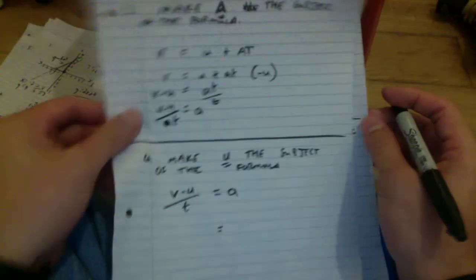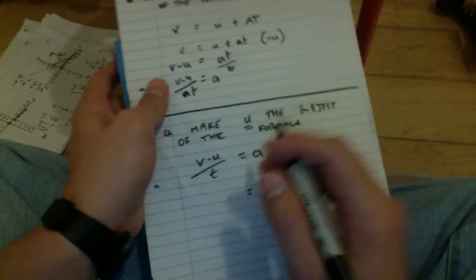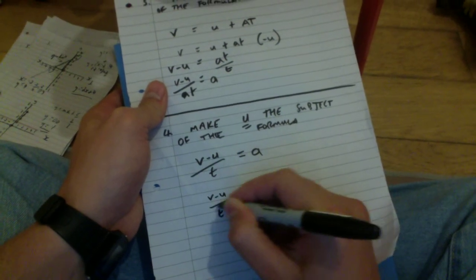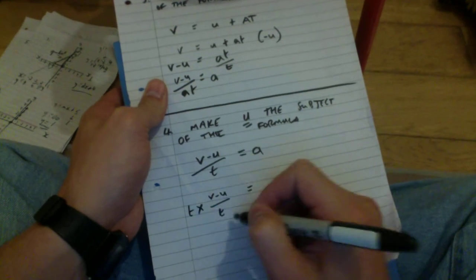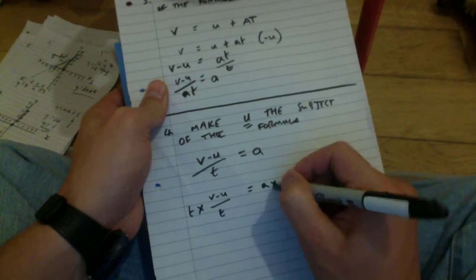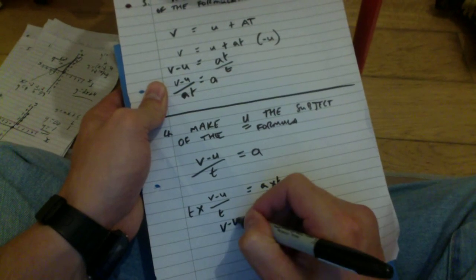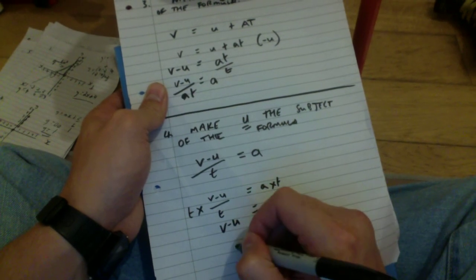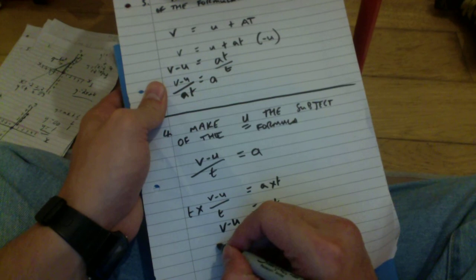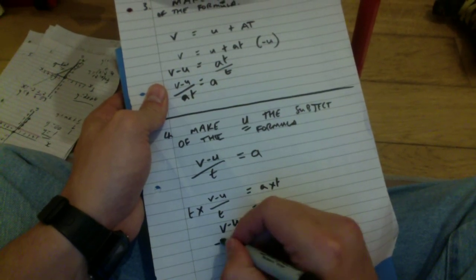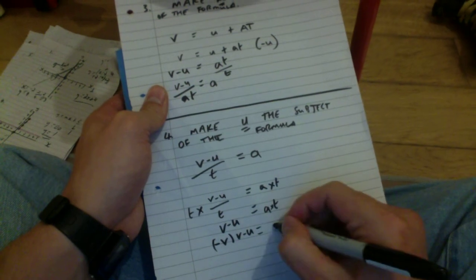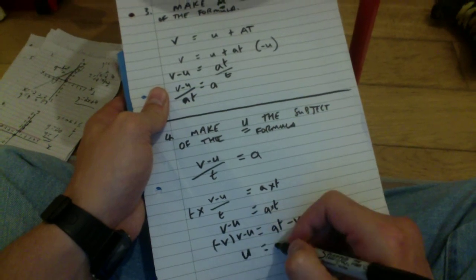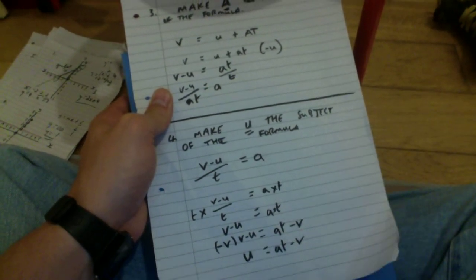So V minus U divided by T. The first thing you get rid of is the T, so I times by T. A times T. This is left with V minus U equals A times T. And then to get U by itself, I would minus V. So you'd have U equals AT minus V.